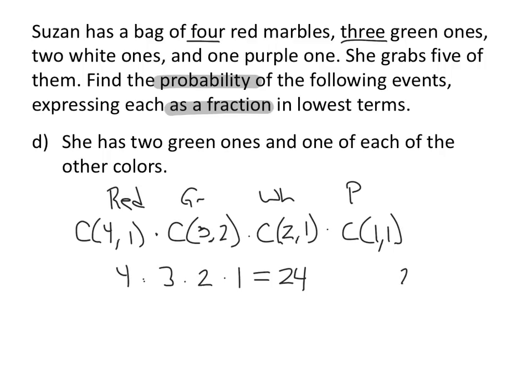So this is 24 out of the total of 252, which reduces to, wow. Try to hit the right buttons on your calculator so you don't get a crazy answer. 2 out of 21.